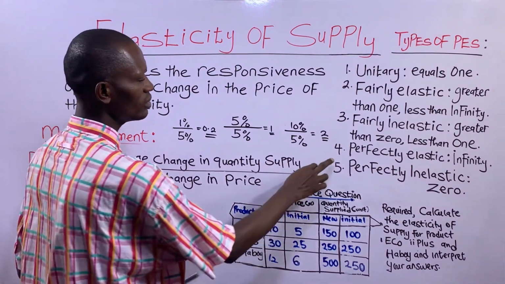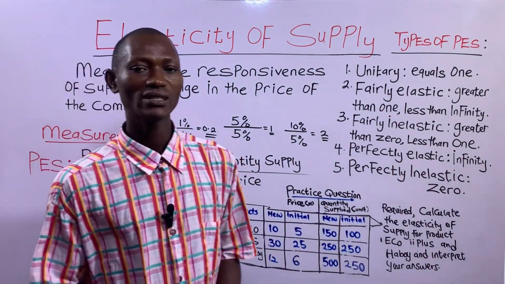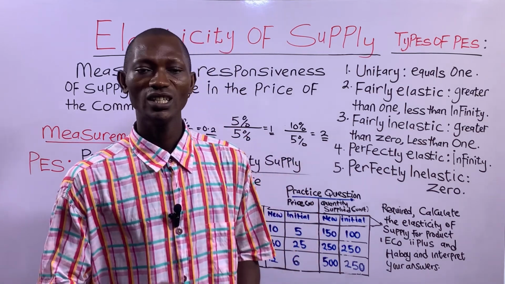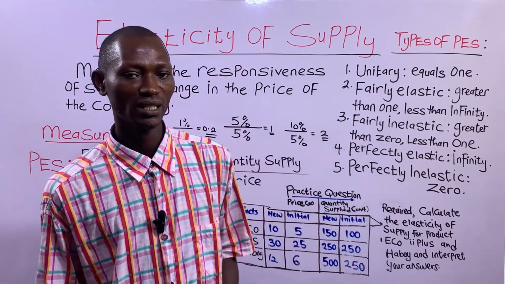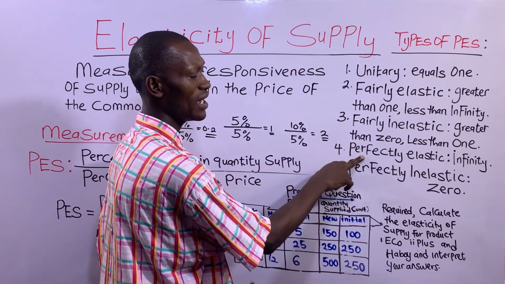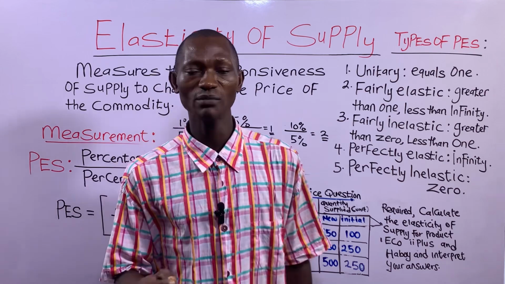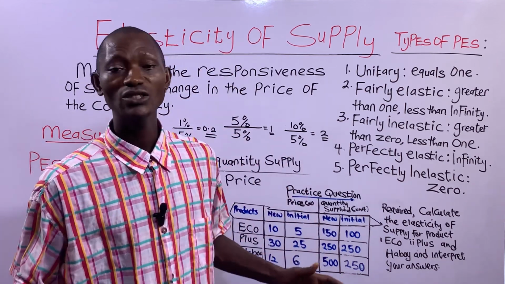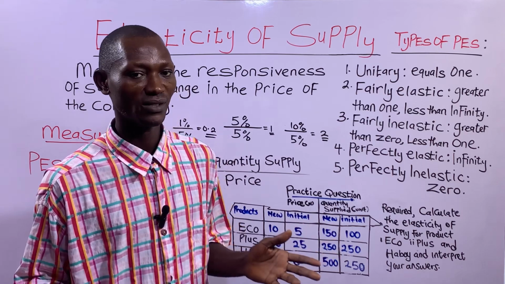Then for now, perfectly elastic. Perfectly elastic means at a fixed market price, different quantities are supplied into the market. So here, the market in which this is obtainable is a perfect market. And a perfect market is where you have a large number of buyers and sellers, but basically a large number of sellers.